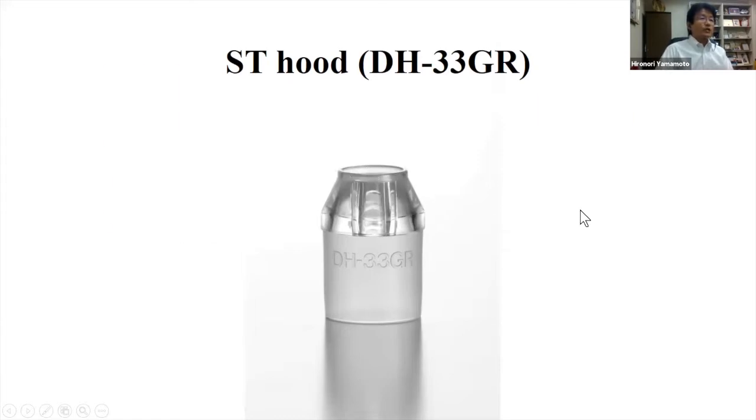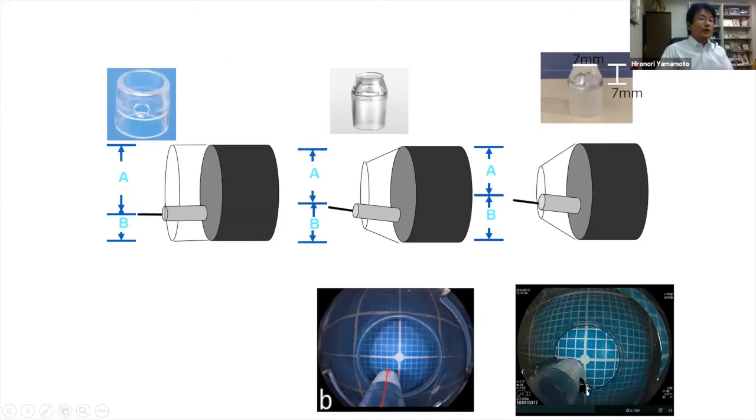And using this hood, the knife is directed to the center of the opening of the hood. So the selection of the dissection plane becomes much easier, okay? And you can get a good, stable control.